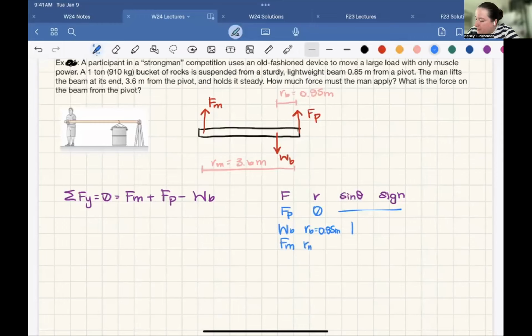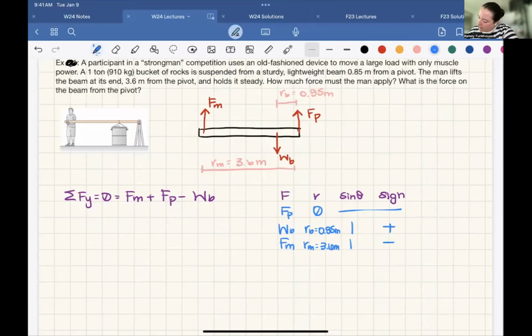Force of the man, distance is 3.6 meters, also sine 90, and let's do the sign of the torque. So holding at the pivot point, pulling down at where the weight is applied, and so that's counterclockwise. So the weight, positive torque, and then the man pulls up, and that's a negative torque because that's going to be going clockwise.